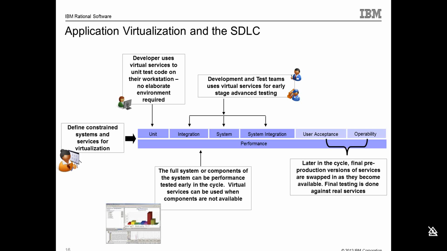Now, if we look at the software development life cycle, you have the different phases of the life cycle, and let's look at how application virtualization fits into this. Right at the beginning, when you have the requirements being chalked out, what are the backend systems that you need to be able to access in order to develop your product or your application?